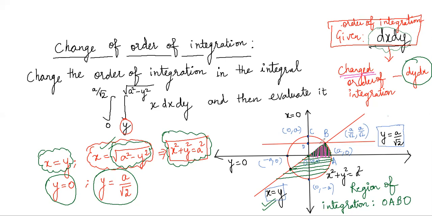Now, after considering the strips parallel to y-axis as per new order of integration, as we have done in the third problem in the previous video, we will be identifying whether these strips are starting from the same curve and are ending at the same curve or not.